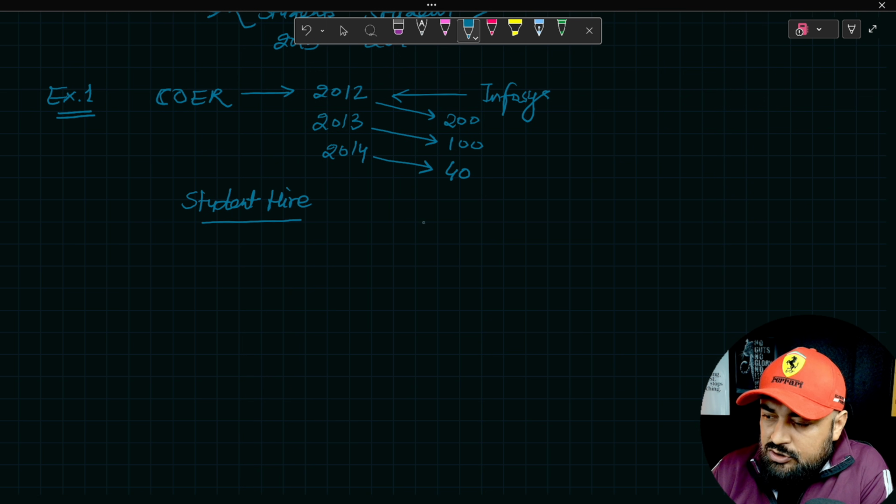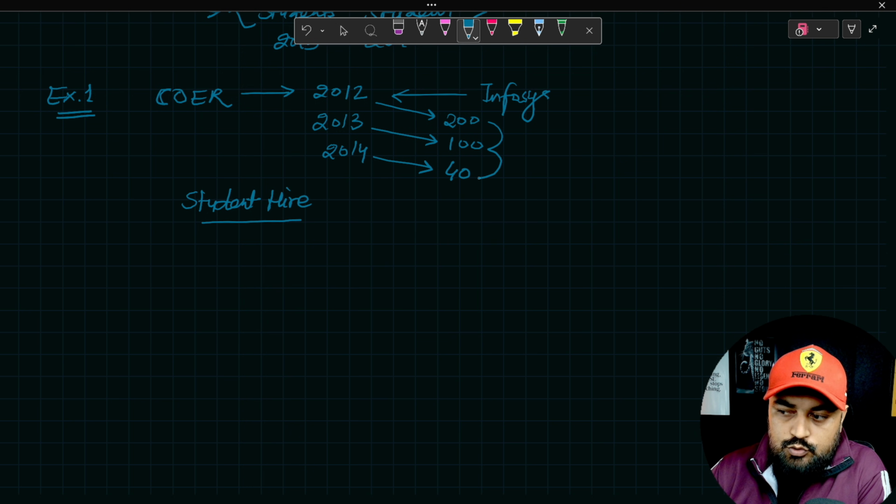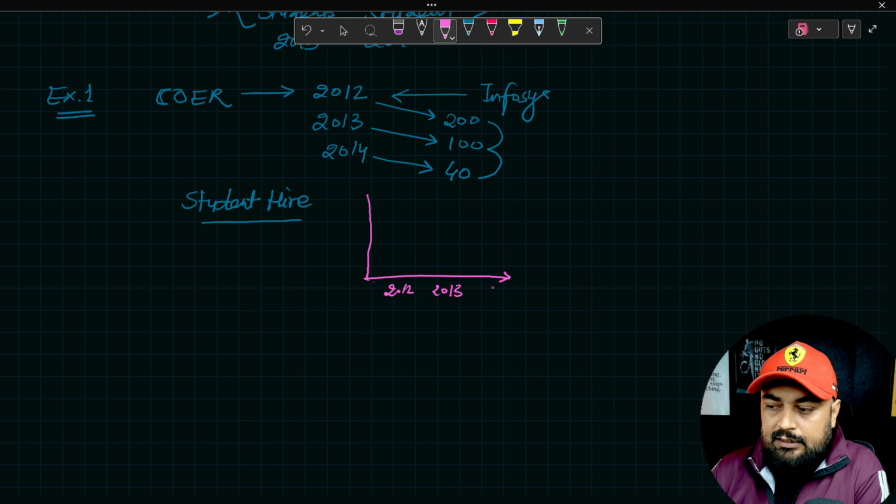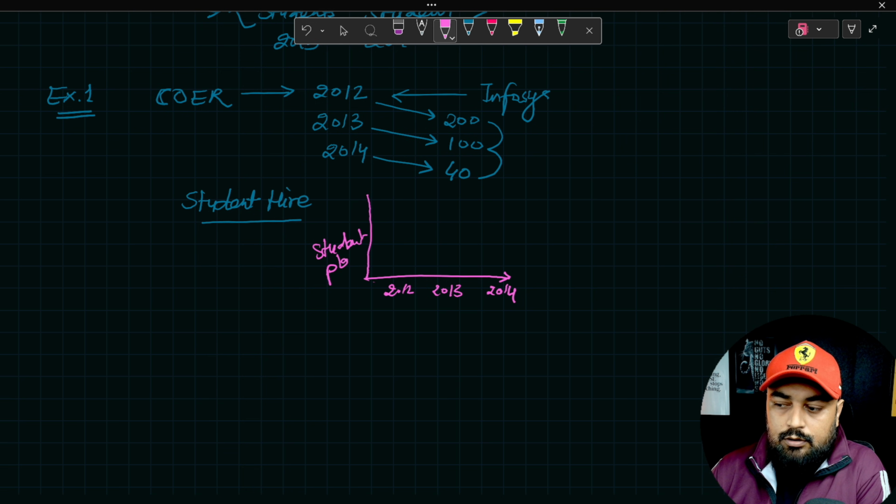Okay. Now can you just focus on one thing, that the number is gradually dropping here. Now, if I make a graph of this, this is 2012, this is 2013, this is 2014. These are your student placement records.